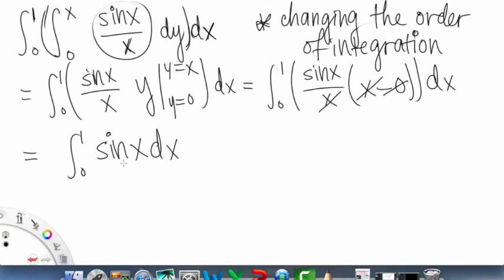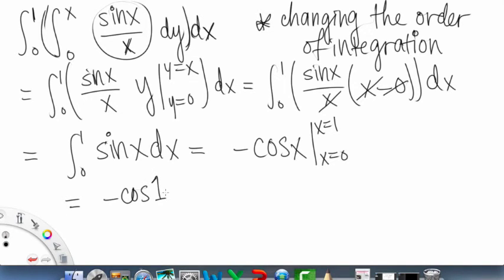At this point, we just integrate like normal, so we'll get negative cosine x as x goes from 0 to 1. Then when we plug them in, we get negative cosine 1 minus a negative cosine 0, which turns into positives, and cosine of 0 is just 1, so 1 minus cosine 1. And that's our answer.